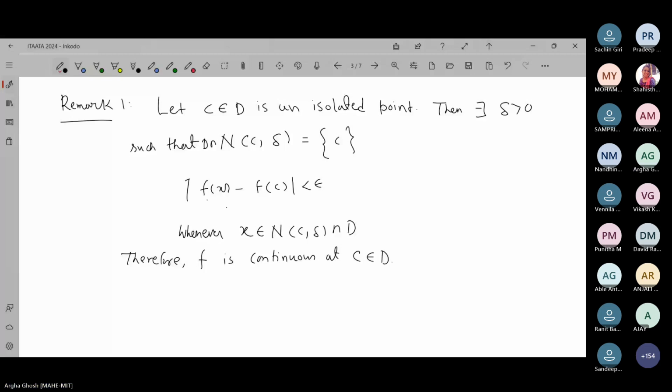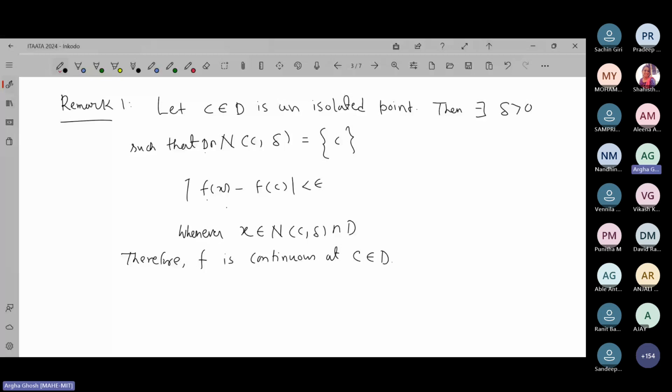In that set, 1 is an isolated point, but in general 1 is not an isolated point. So yes, we should mention D intersection this. Thank you. So this is the thing: if we consider D as the set of all natural numbers, then any function from the set of natural numbers to R will be a continuous function. And we know that a function from the set of natural numbers to the real line is a sequence. So a sequence is a continuous function.